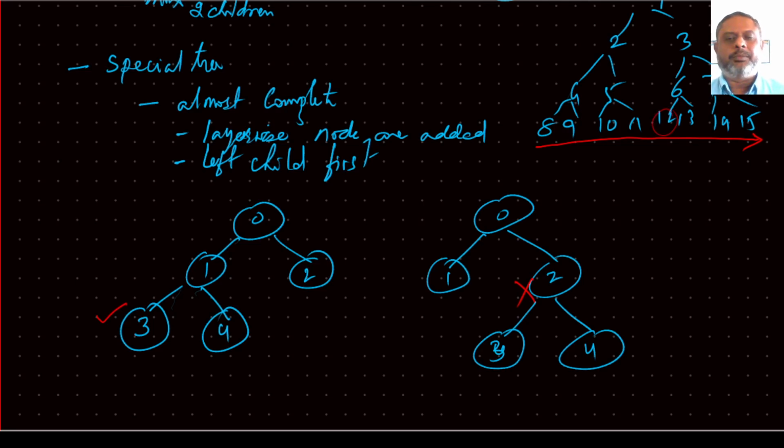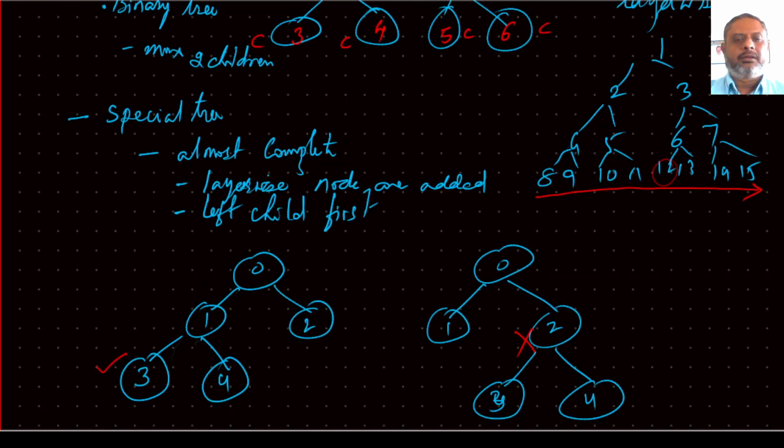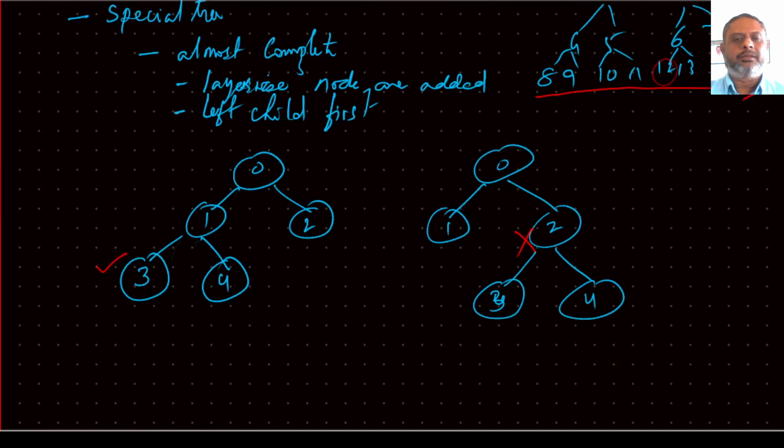So as you keep adding or removing nodes, the structure gets updated. But when a new node is added, then we are sure that this will be the new node that's getting added. And if you want to delete any node, then of course this is the node which has to be deleted, because in this list this is the last entry.